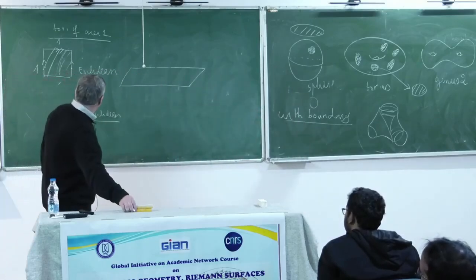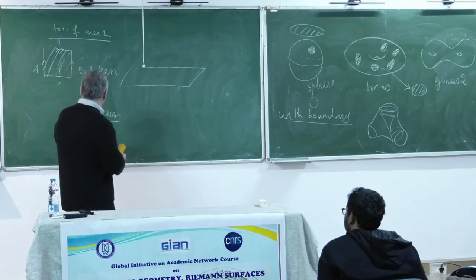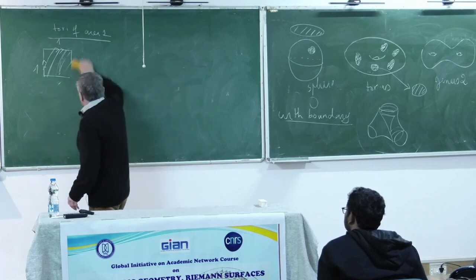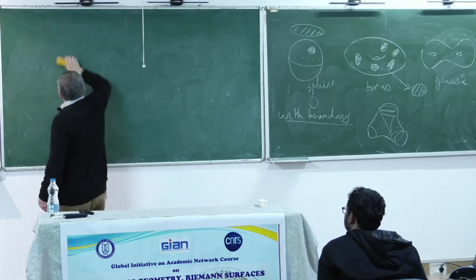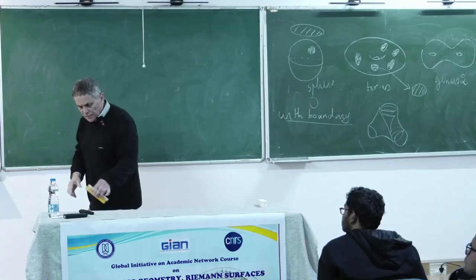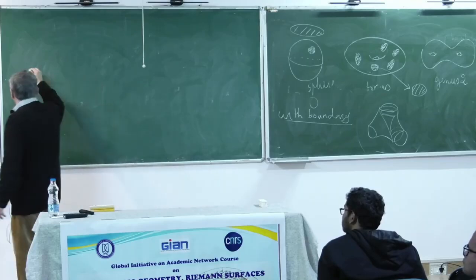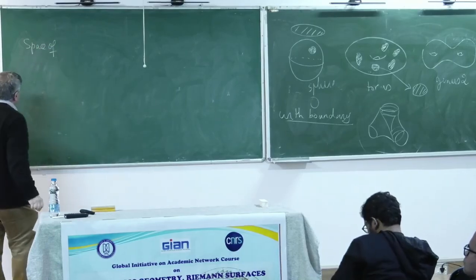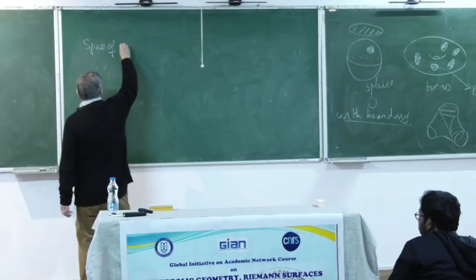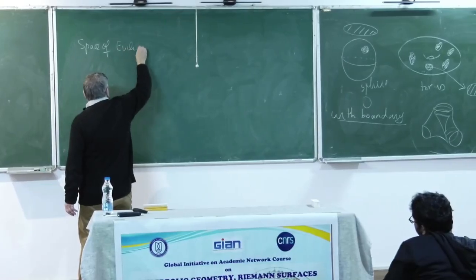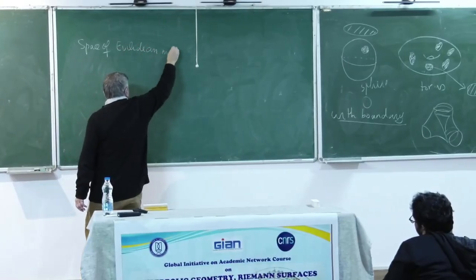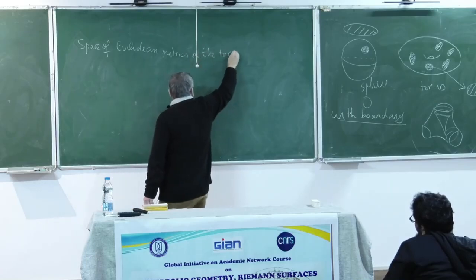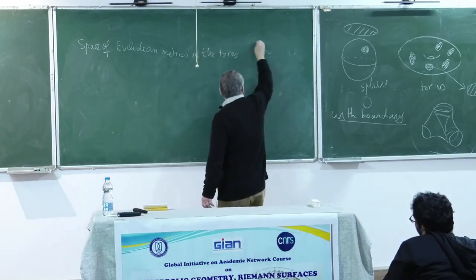Okay, so we said that we want to have a normalization, and the usual, in fact useful, normalization is this one. The space of Euclidean metrics on the topological torus.